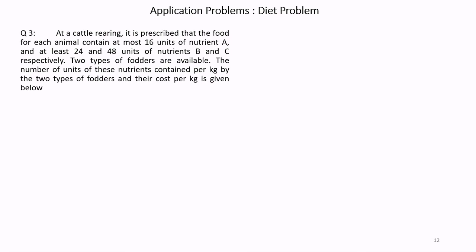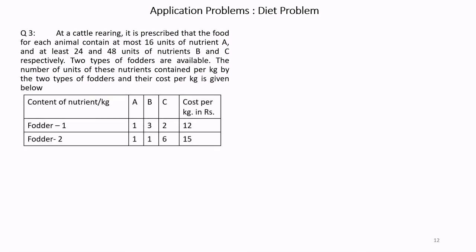The table gives the content of nutrients per kg in fodder 1 and fodder 2. There are three nutrients: A, B and C, and the cost is given in the last column. Fodder 1 has A as 1, B as 3 and C as 2.